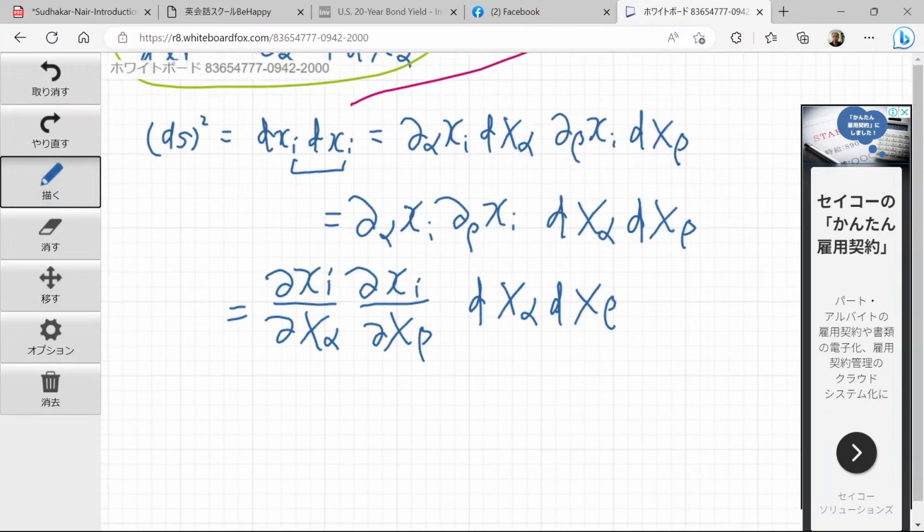So then this part is called G alpha beta.